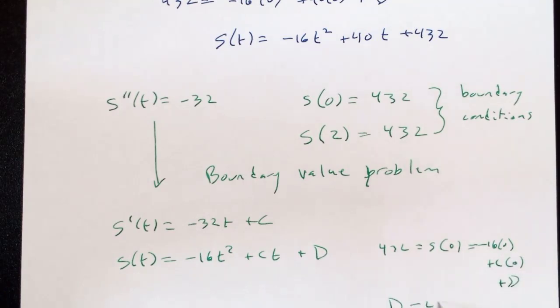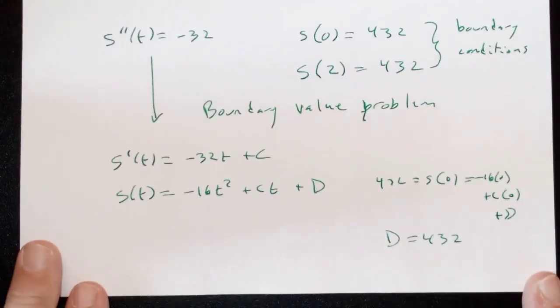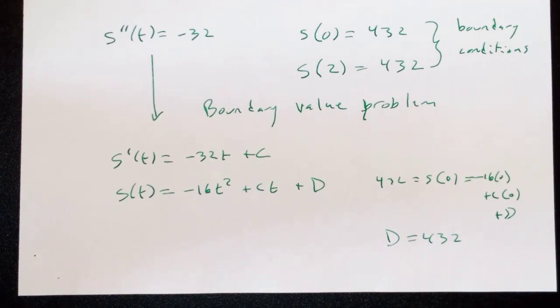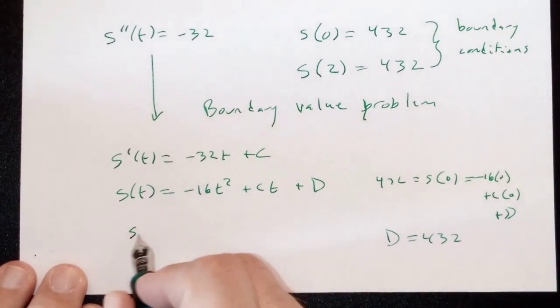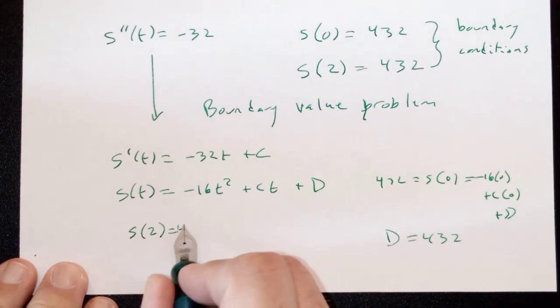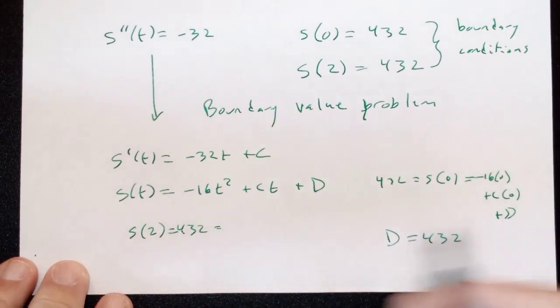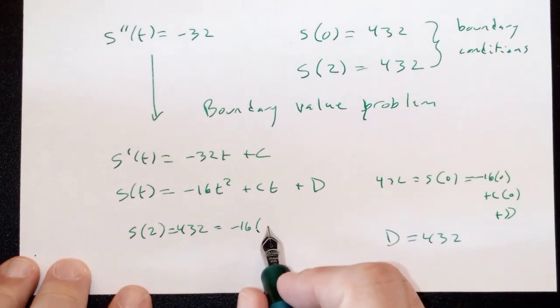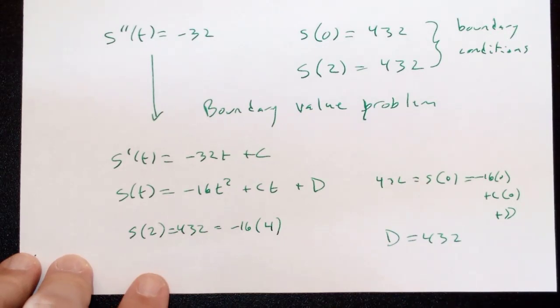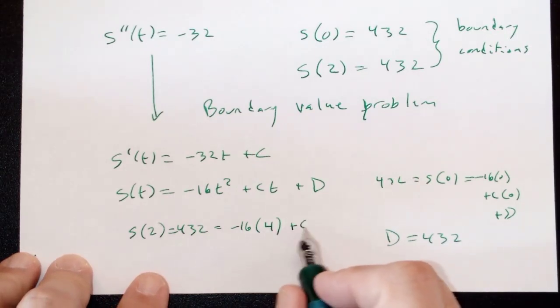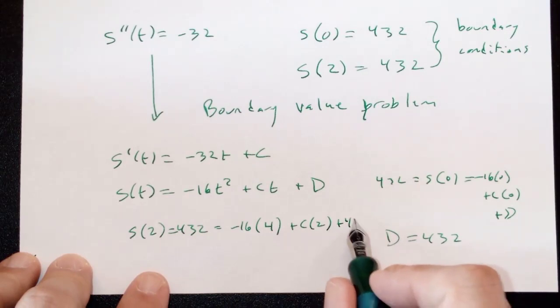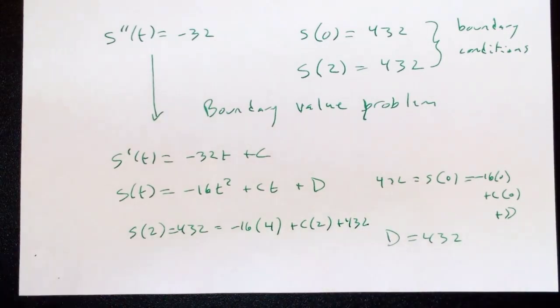Hey, wait a minute, that means d equals 432, just like last time. But now I can actually solve for c. S of 2 equals 432 equals minus 16 times 2 squared plus c times 2 plus 432. What's c?